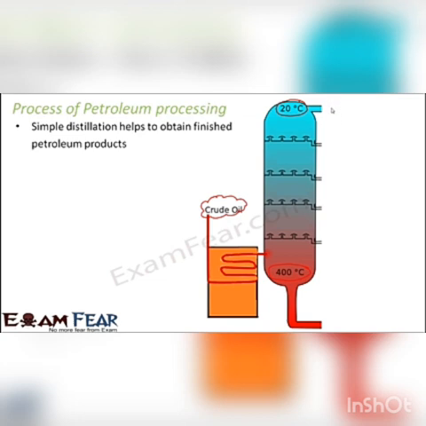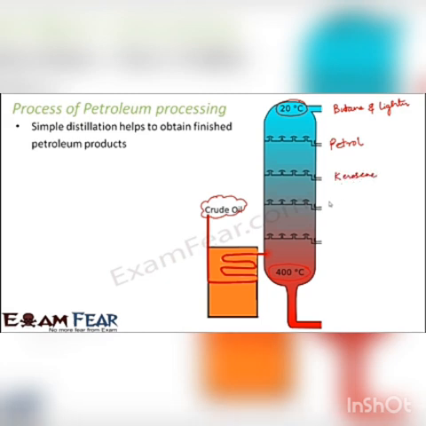So now let us see how exactly we get the various components. The topmost layer, that is the lowest temperature basically, is occupied by the lighter gases like butane and other lighter components. The next section is taken up by petrol or gasoline, whatever you call it. Yet below that comes kerosene.